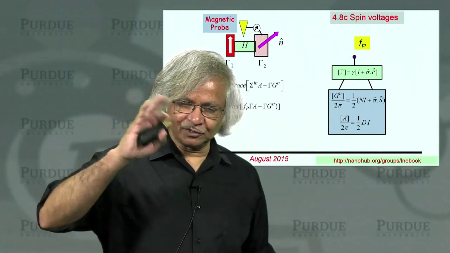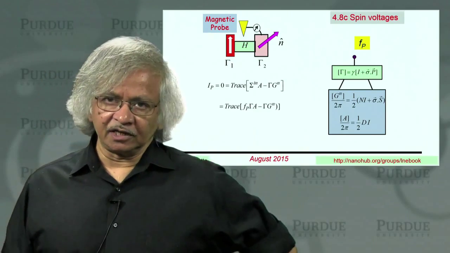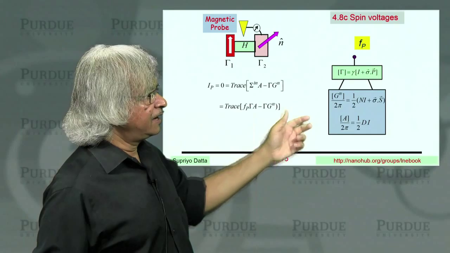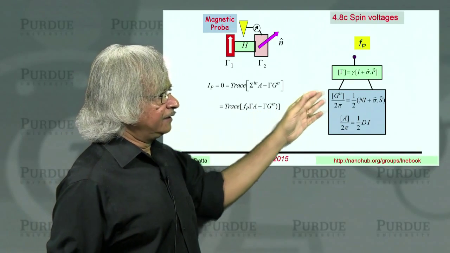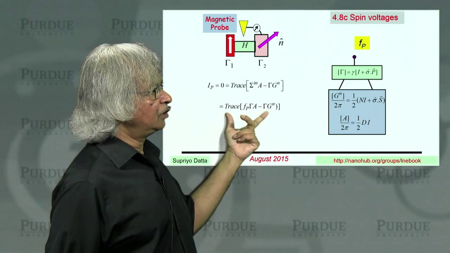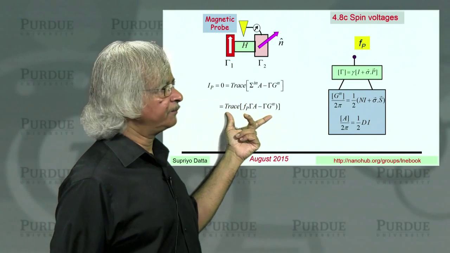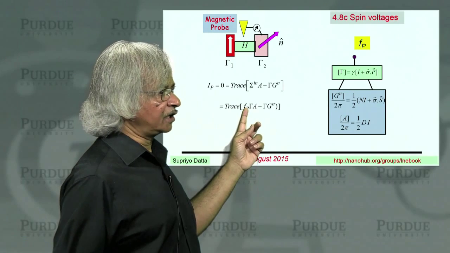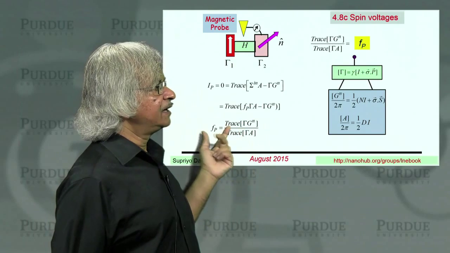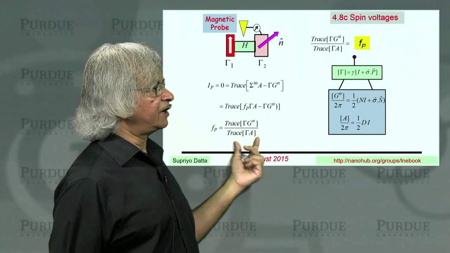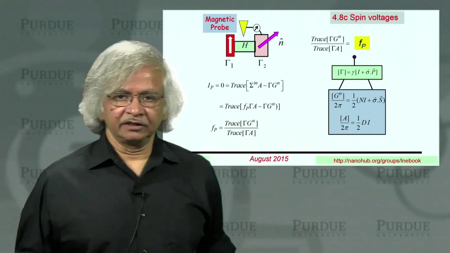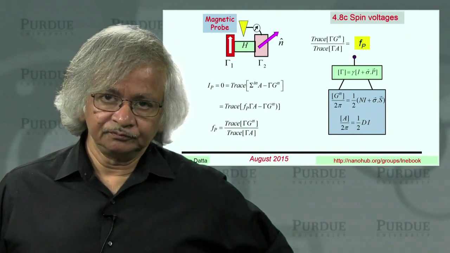That's this difference between this coupling to the up spins and down spins. So you could write the gamma as this 2 by 2 matrix, and then the way you figure out Fp is it has to have the right value to make this current equal to 0. So this Fp is a number, it's not a matrix. So you could take this out and write Fp as trace of gamma Gn divided by trace of gamma A. So that would be the potential that the probe will float to.